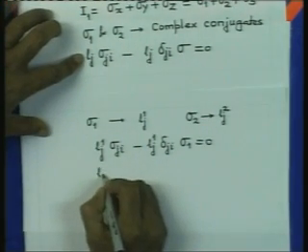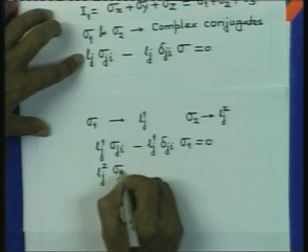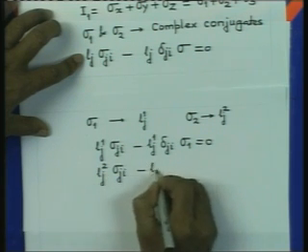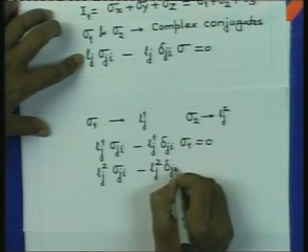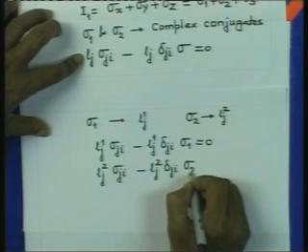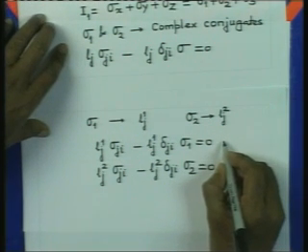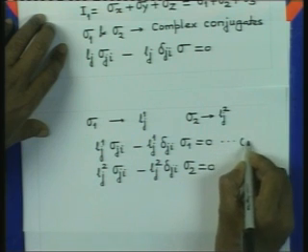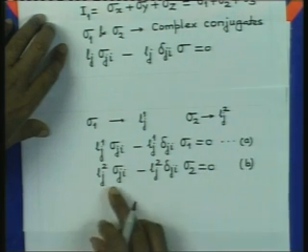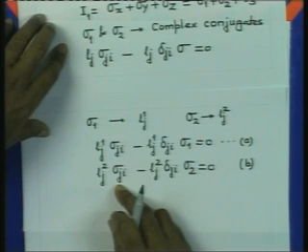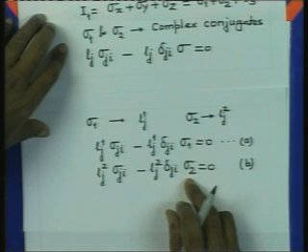Similarly, Lj2 sigma ji minus Lj2 delta ji sigma 2 equal to 0. Now, in these two equations A and B, these are all real quantities, and here this is complex.